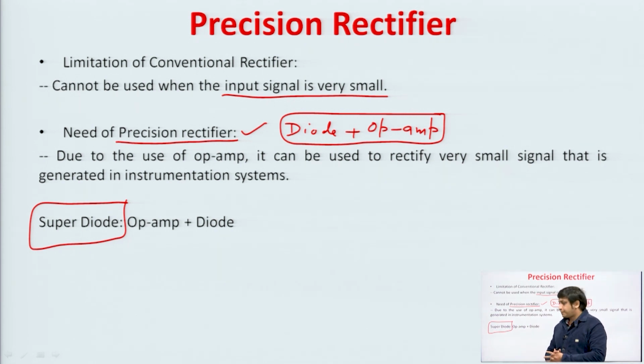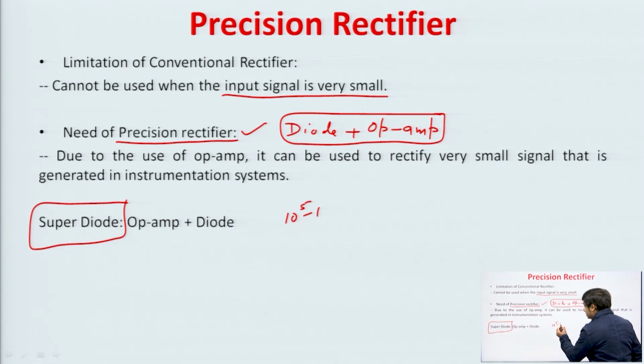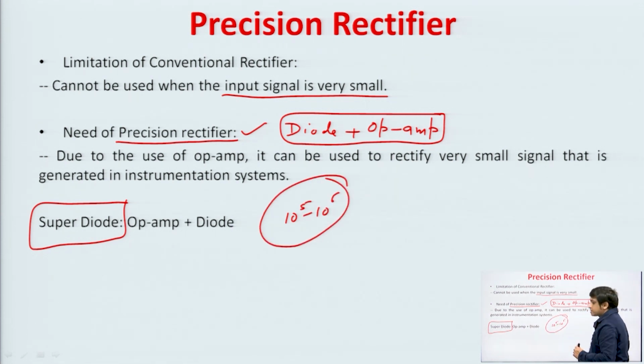The reason why this precision rectifier can be used for a very small magnitude signal is that the gain of the operational amplifier is very high, which we had seen in the op amp basics. Ideally the open loop gain of the operational amplifier is infinite, but practically for the 741 IC the gain is around 10 to the power 5 to 10 to the power 6, which is very high.